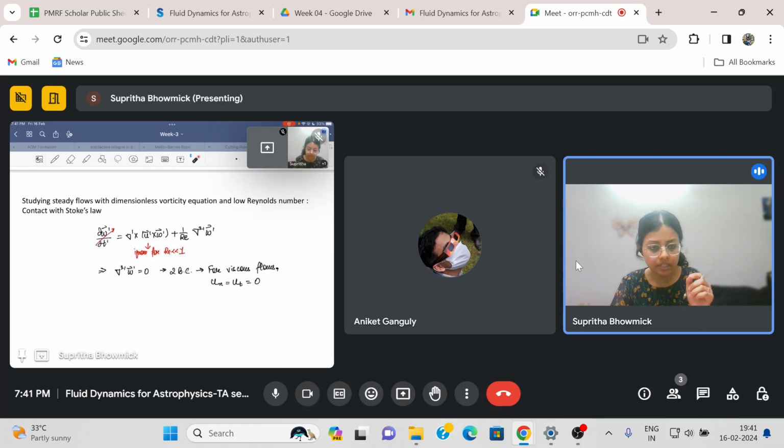Then we considered the special case of low Reynolds number where Re is much less than 1, and if it is much less than 1, this term is quite large. If it is large enough that we can ignore this, then all we're left with is del omega del t equals this term. And for steady flows, this also goes away. Okay, we're left with Laplacian of omega equals 0.